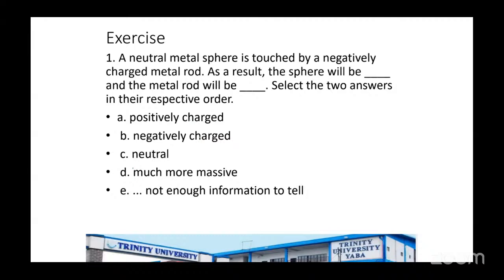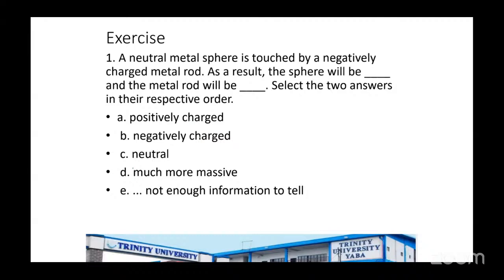A neutral metal sphere is touched by a negatively charged metal rod. As a result, the sphere will be what, and the metal rod will be dash. Select the two answers in their respective order.